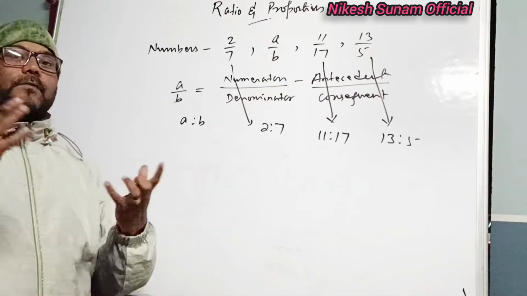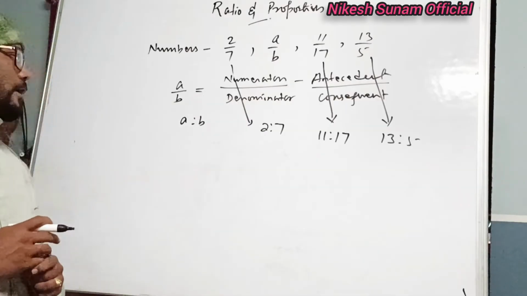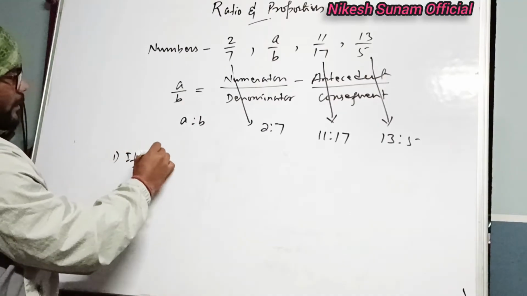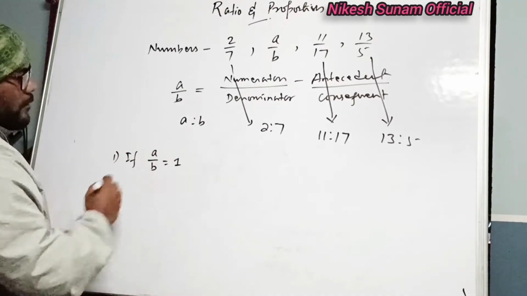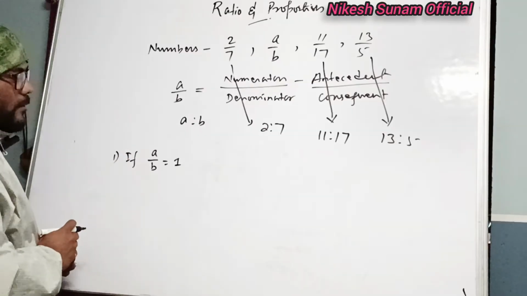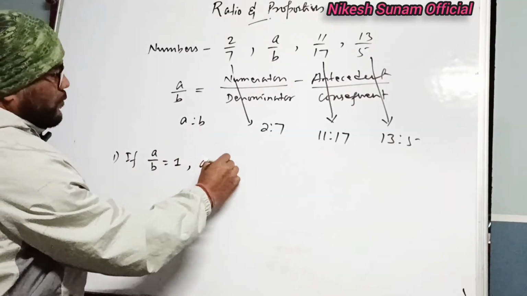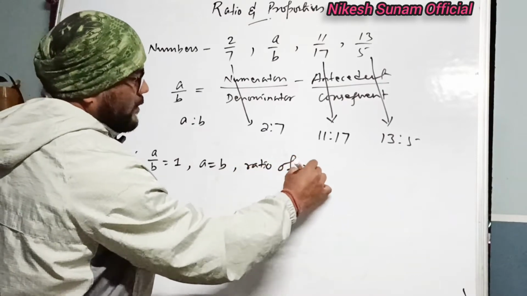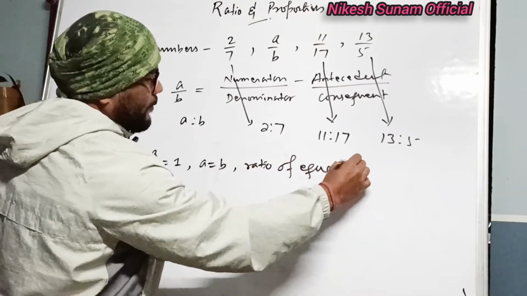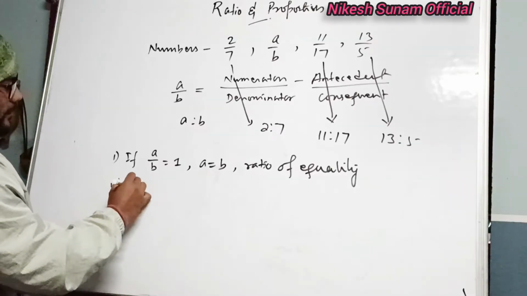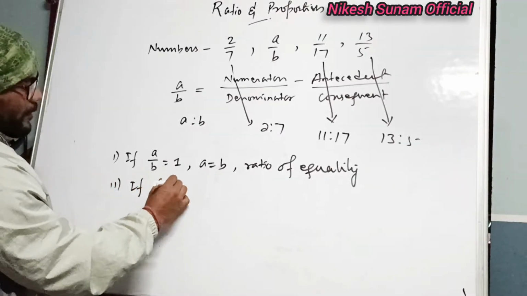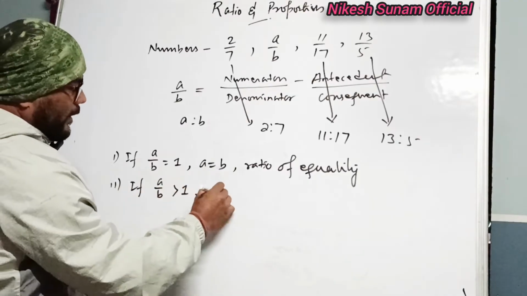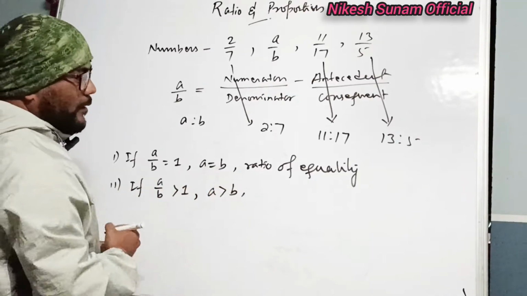Okay. So there are different types of ratios also. Now for example, if a upon b equals 1, what do you understand by this? a upon b equals 1, that is a equals b. Then this type of ratio is known as ratio of equality. In the second case, if a upon b is greater than 1, that means a is greater than b.